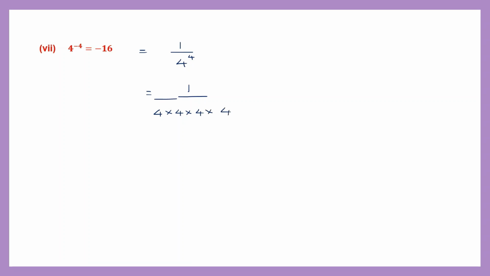So we are multiplying it 4 times here. So this will be 1 by, now let's multiply and see. 4 4s are 16, 16 4s are 64, 64 into 4 is 256. And on the right hand side we have minus 16. So as you can see, the left hand side is not equal to the right hand side. So this statement is false.